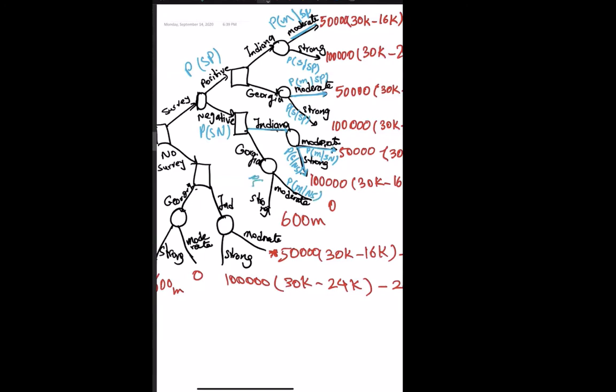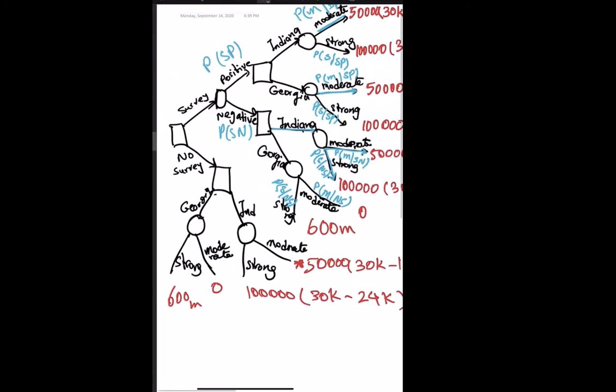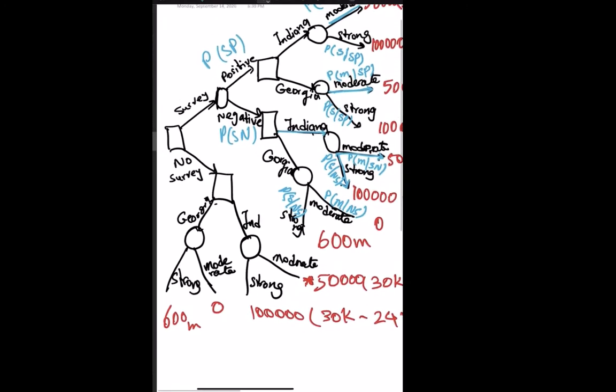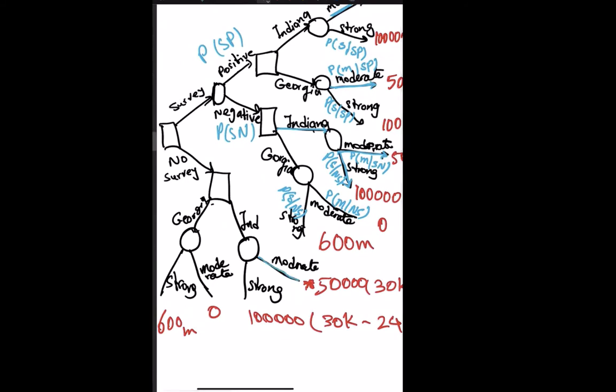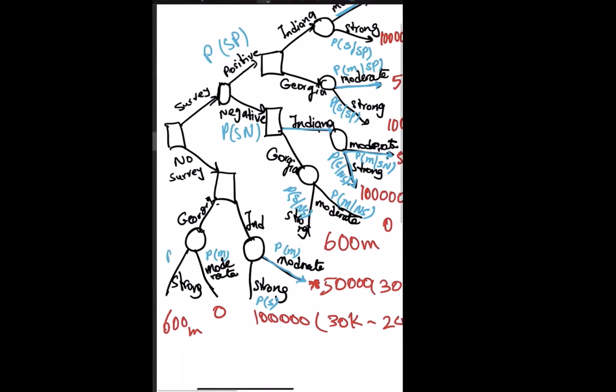Probability strong given a negative survey. And how about this branch? Probability of moderate, and this is probability of strong. And this one? Moderate, same thing, and probability of strong. Okay, thank you.